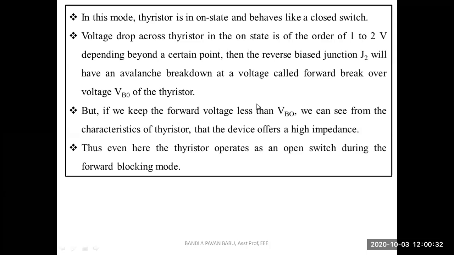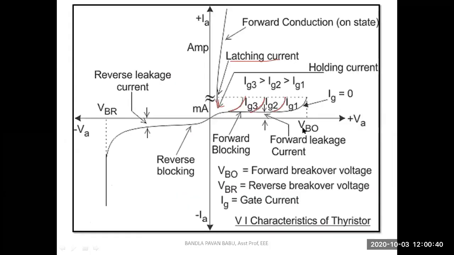But if we keep the forward voltage less than VB0, we can see from the characteristics that the device offers a high impedance. See, in this mode, without any gate current, a small amount of leakage current exists, but the switch is not completely closed.